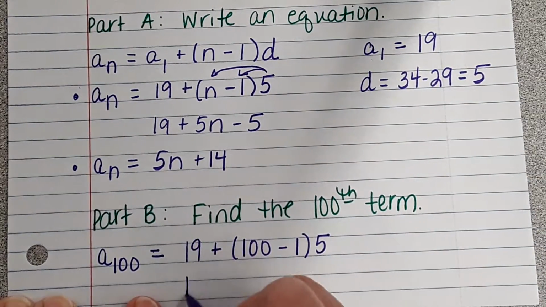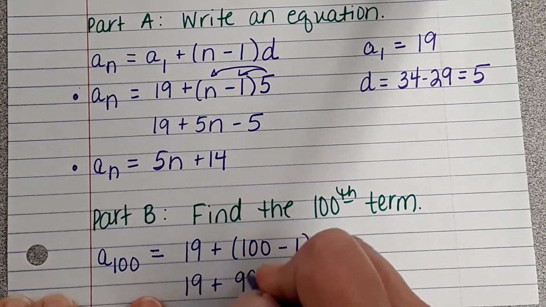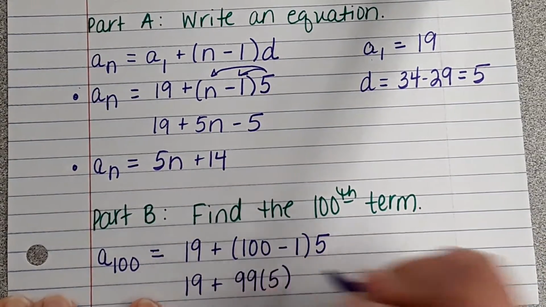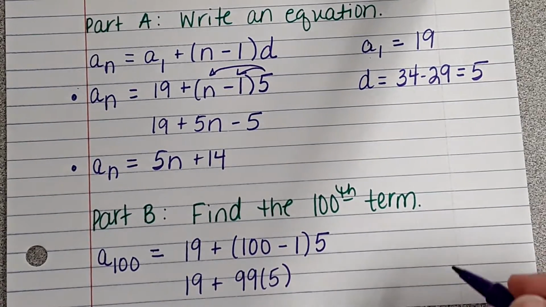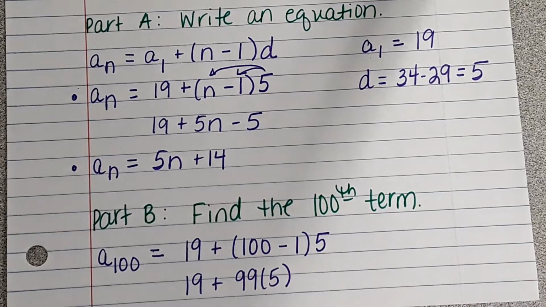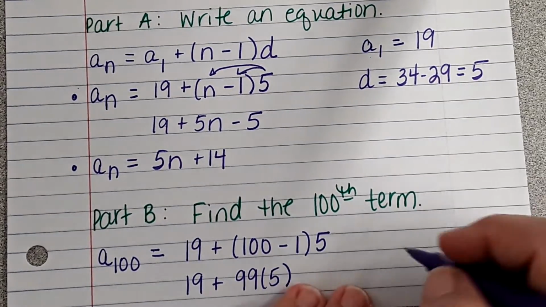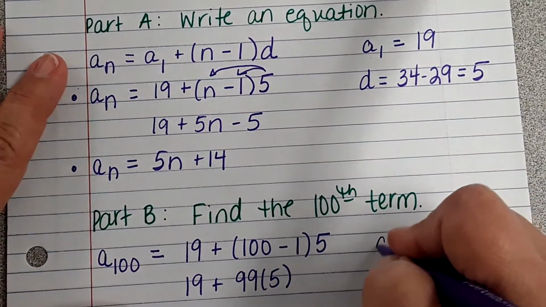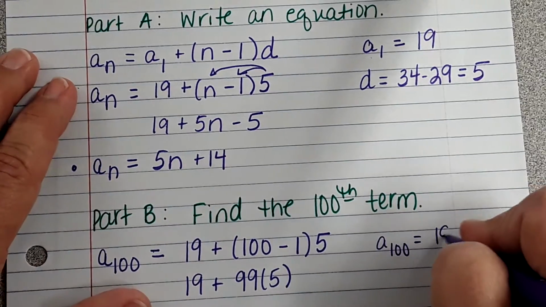Okay. What is 100 minus 1? Just remember you need to multiply first. So then what is 99 times 5? That's a big number. What did you get?